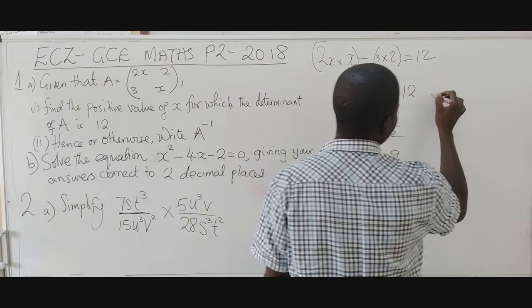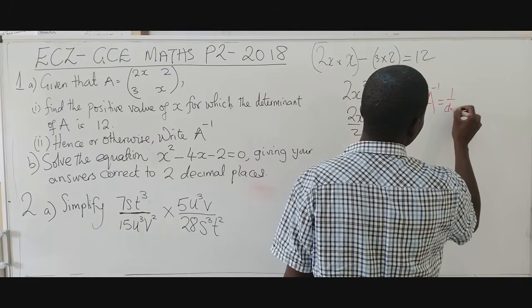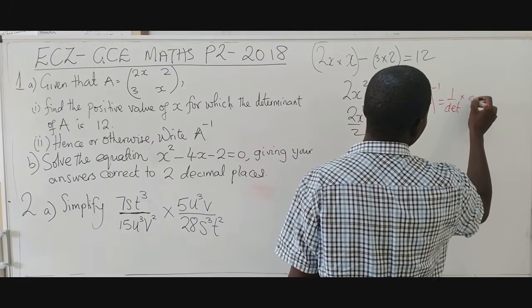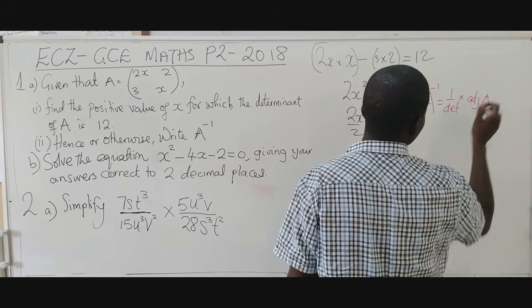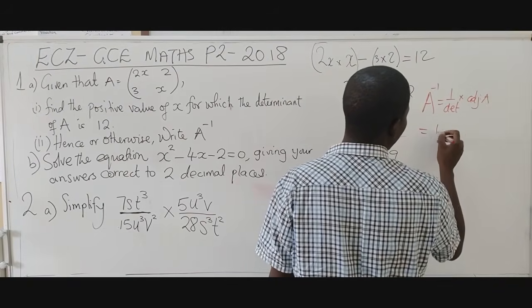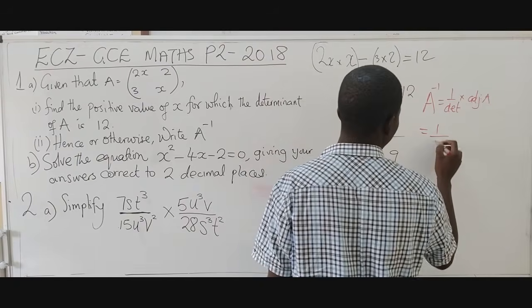The inverse of A is equal to 1 over the determinant multiplied by the adjoint of this matrix A. So 1 over, what is the determinant? The determinant is 12.